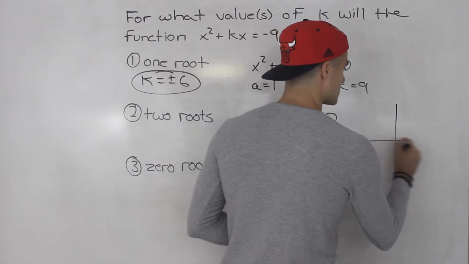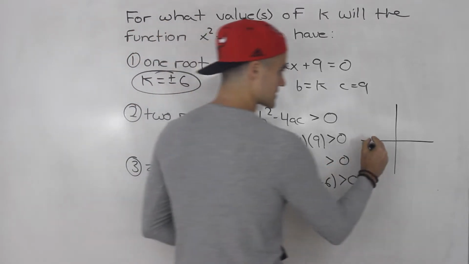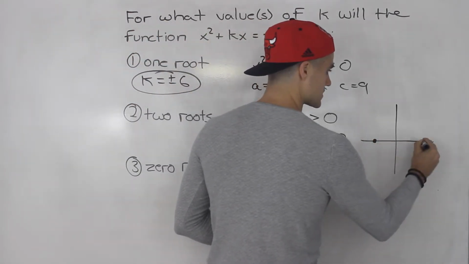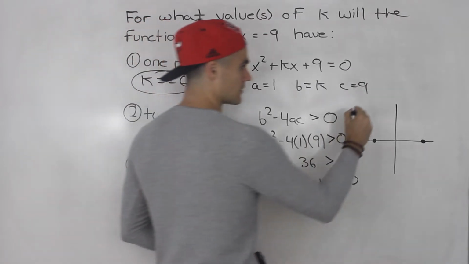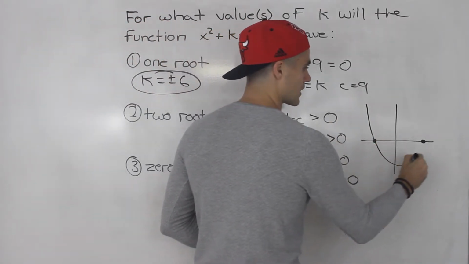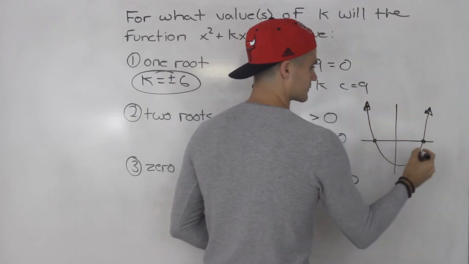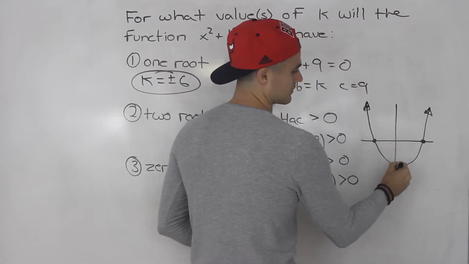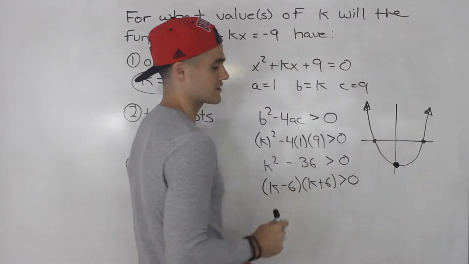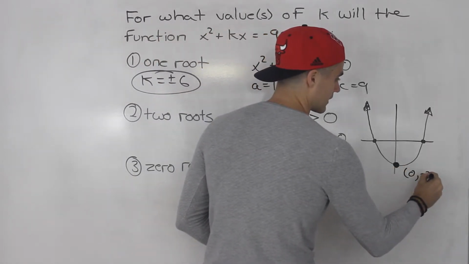So the two intercepts are at -6, +6, and it's opening up. So it's a quadratic that looks like this. And then the vertex should be here. This is not necessarily to scale, but the vertex would be at 0 and -36.